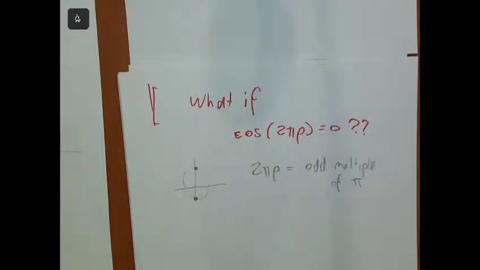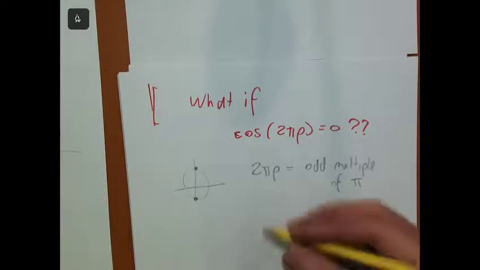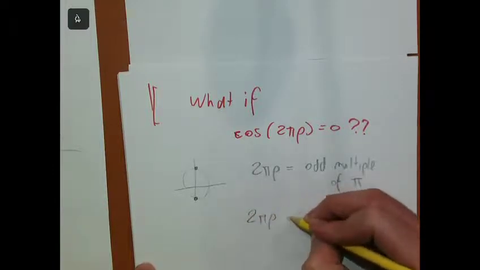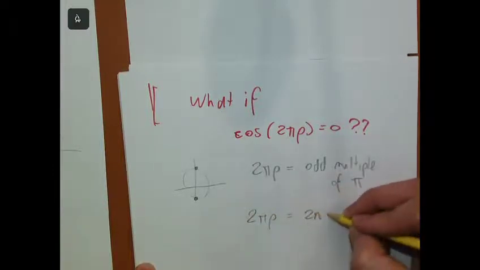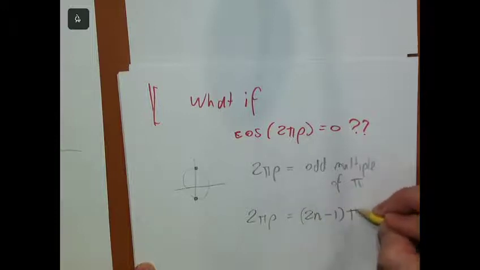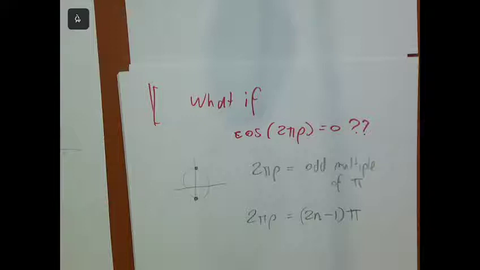And I'm going to need to therefore specify an odd number. And the easiest way to specify an odd number is to go 2n minus 1 like that. Two n minus 1 is an odd number if n is a whole number.